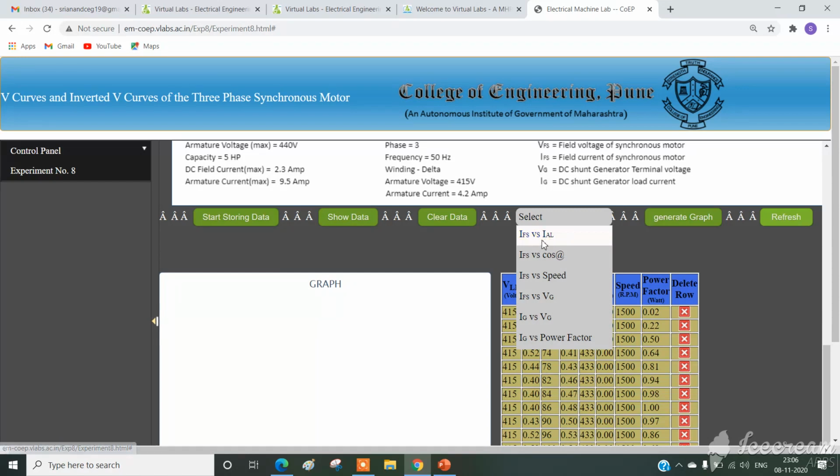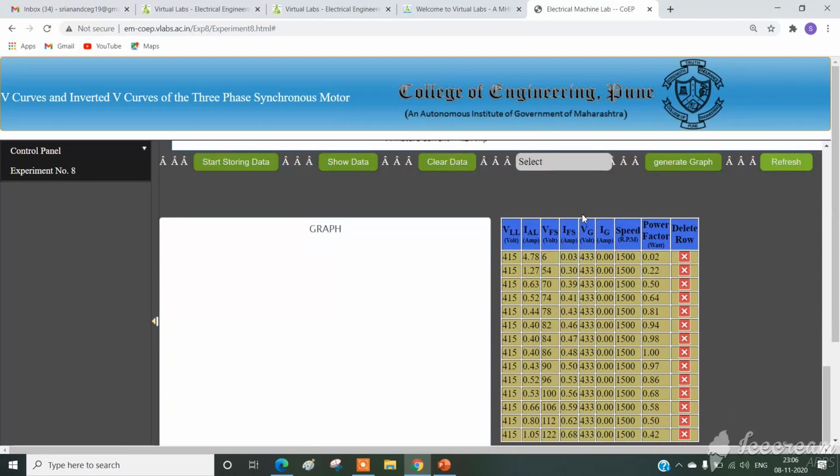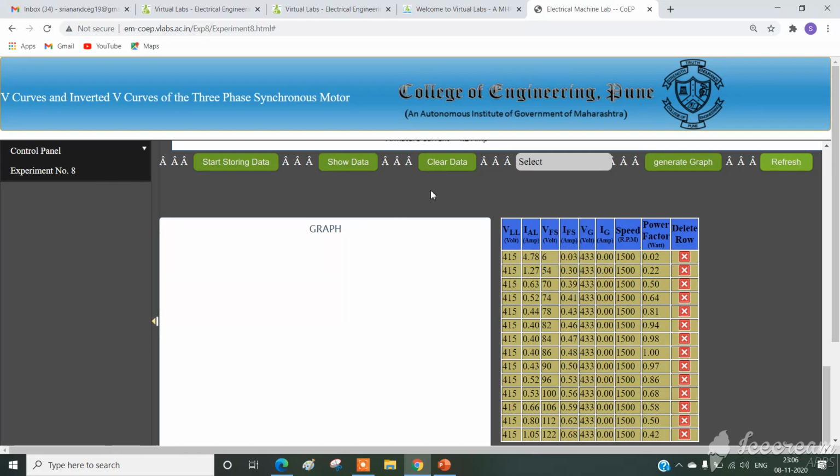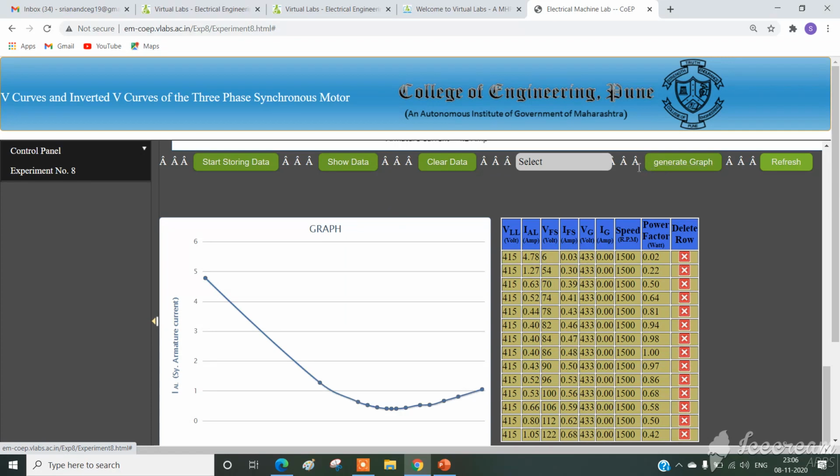So simply click on this one. Then this is corresponding to the V curve.